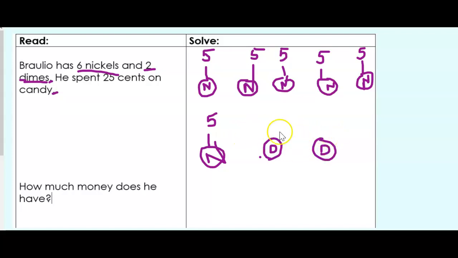Can you remember how many hairs a dime has? That's right, 2 hairs. And what number goes above each hair? Yes, our friendly number 5. Great job, boys and girls.